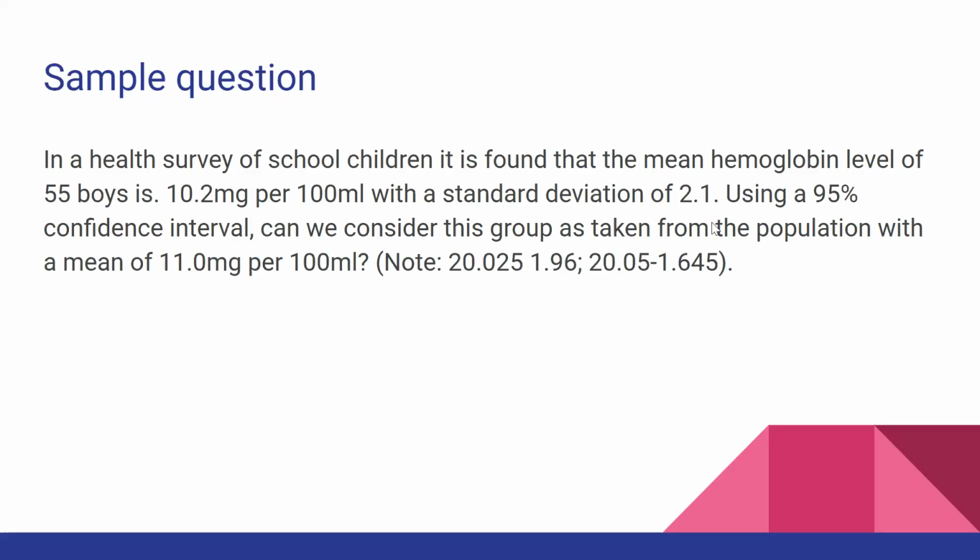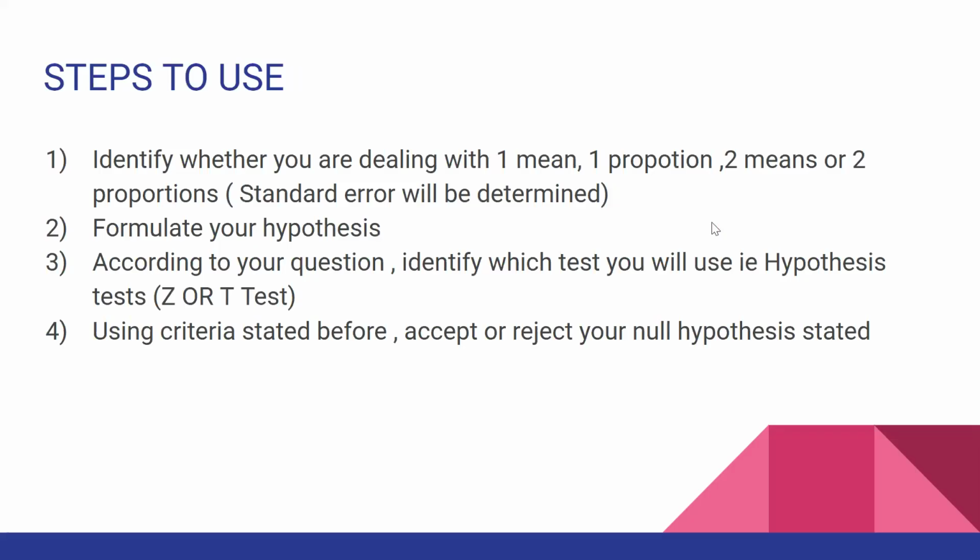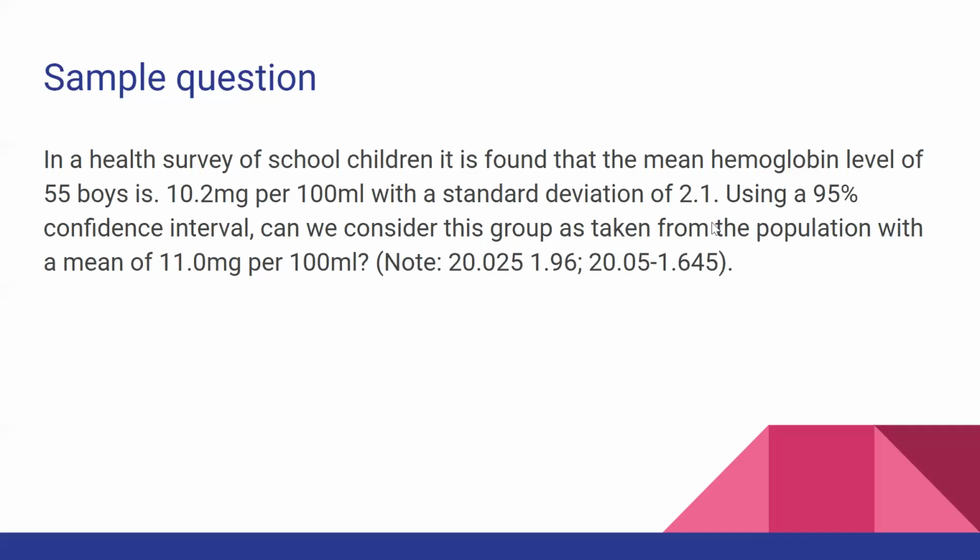So that's the question we're being told. We're using the 95% confidence interval. So step one, we said identify whether or not you're dealing with one mean, one proportion, or two means or two proportions. Who can tell us, from the question?